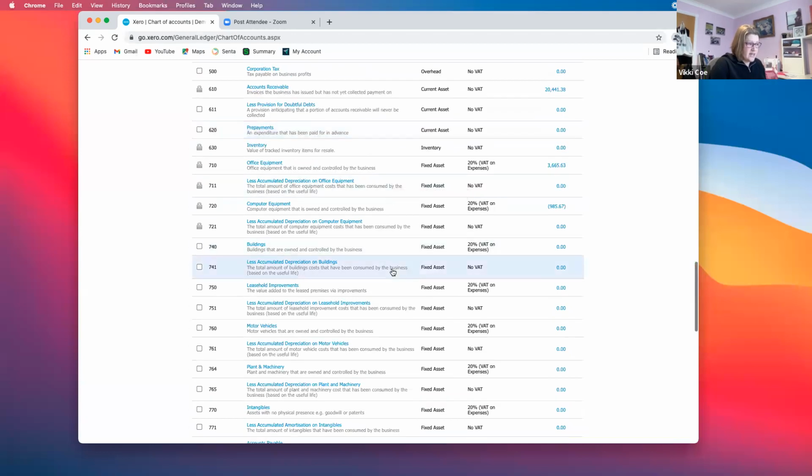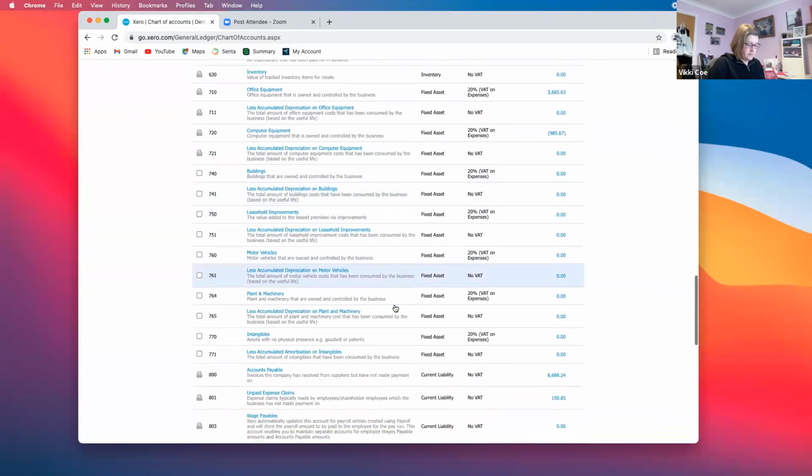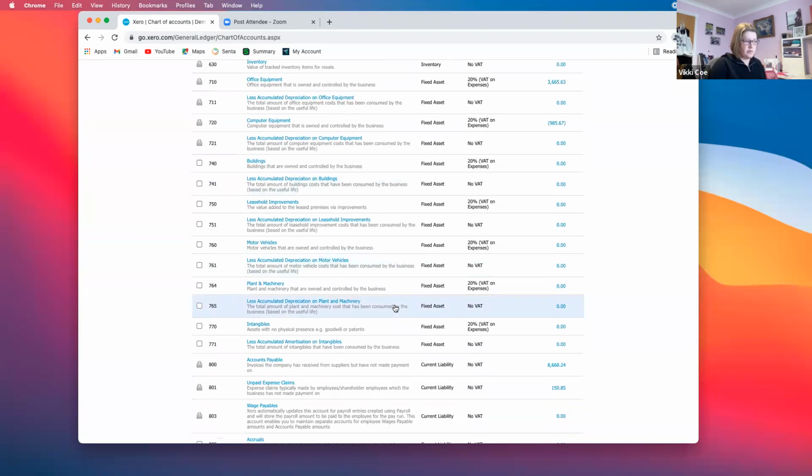The fixed assets are slightly larger pieces of assets. For example, any equipment that you've purchased during the year, any computer equipment, laptops, any vehicles, vans, anything like that.